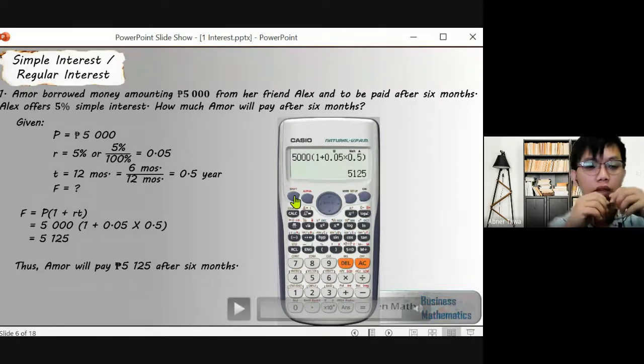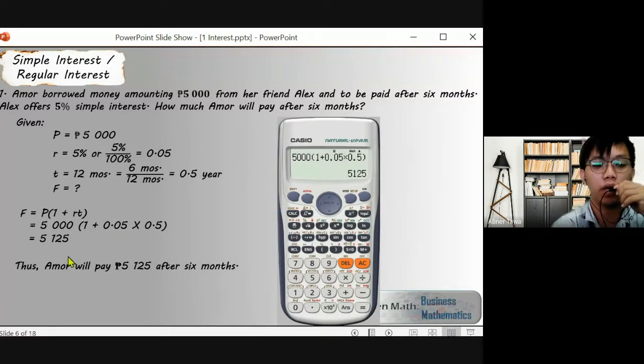Okay? Of course, to have our final answer, you need to have your conclusion to answer our problem here. The conclusion should answer the question of how much Amor will pay after 6 months. So our calculation here will be, thus Amor will pay an amount of 5,125 pesos after 6 months.